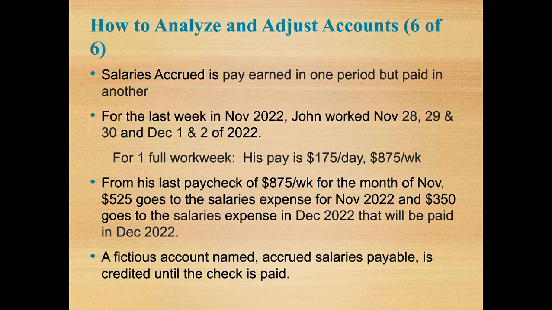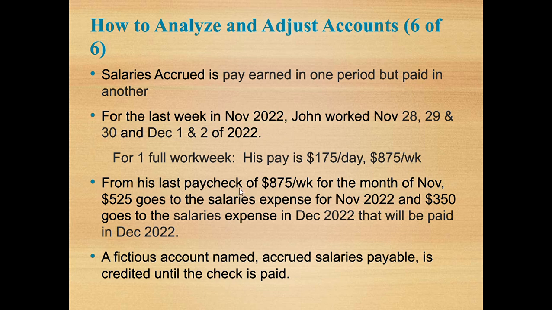So for the last week in November 2022, John worked November 28th, 29th, and 30th, Monday, Tuesday, Wednesday, and then December 1st and 2nd of 2022. His pay is $175 a day or $875 a week.